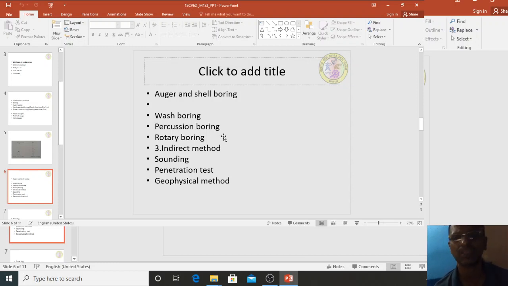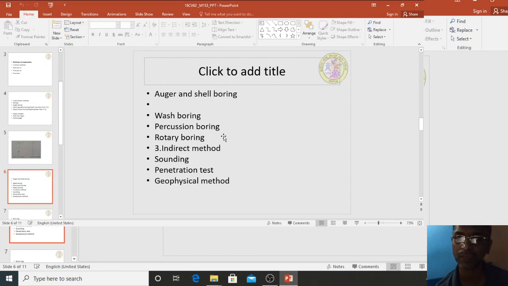Now the indirect method. Indirect method means there is no soil sample collection and no disturbance of the ground. Just by using some instrument, we indirectly assess the behavior of the soil. There are two types of indirect methods: the geophysical methods, that is the electrical resistivity method and seismic refraction method, and penetration tests or sounding, that is the standard penetration method and cone penetration method.